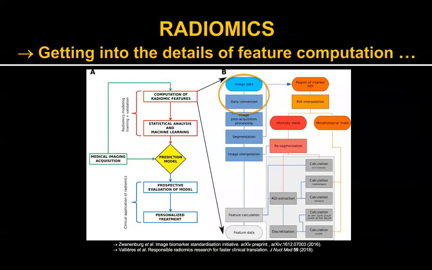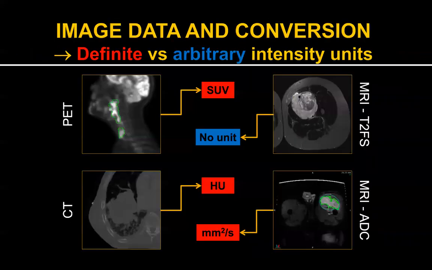First, image data and conversion. After images are acquired, we need to take into account downstream for our calculations what we have in hand. Do we have definite or arbitrary intensity units? For example, if we acquire a CT image, we'll have physical intensities, Hounsfield units.